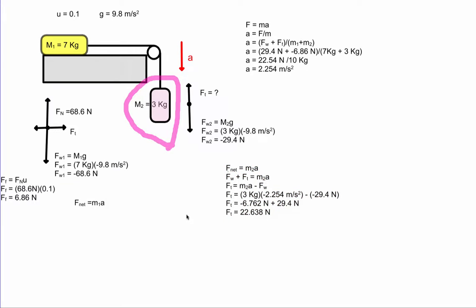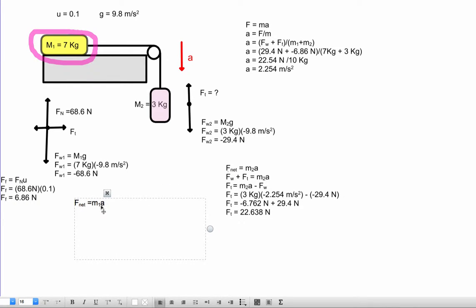Now, it should not matter if we didn't choose this one. If we chose to work over here with the other mass, it's the same string, so it should be the same tension. Following along with my blue highlight, the net force equals mass times acceleration.